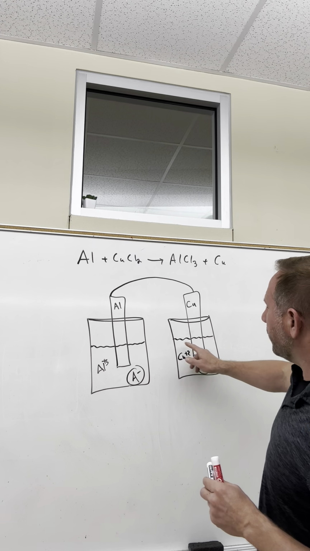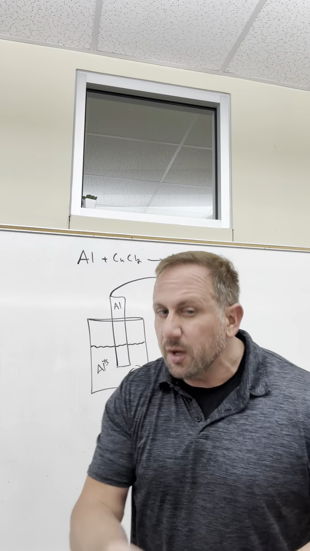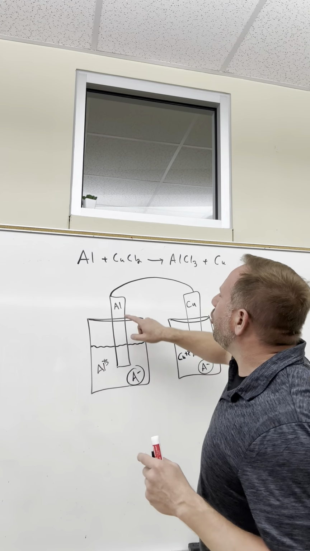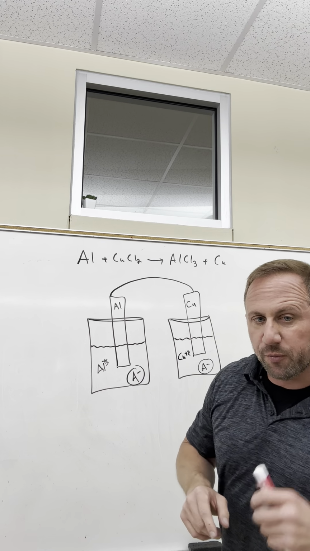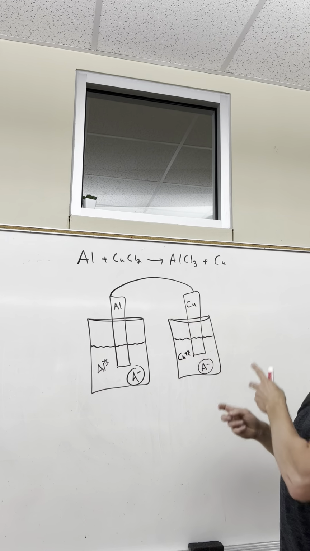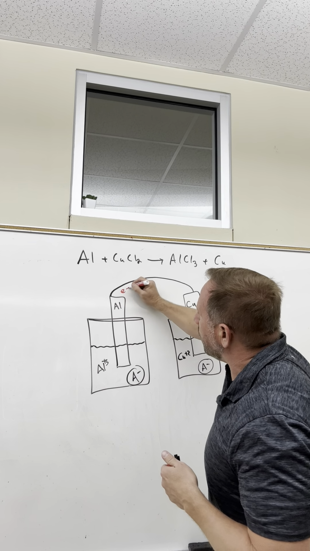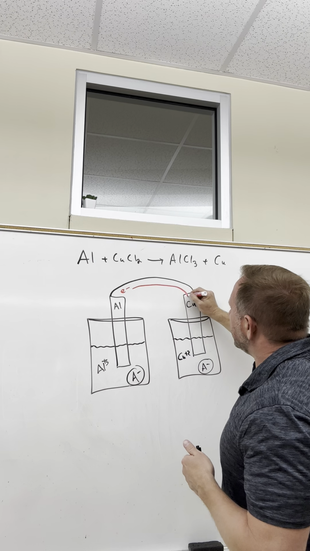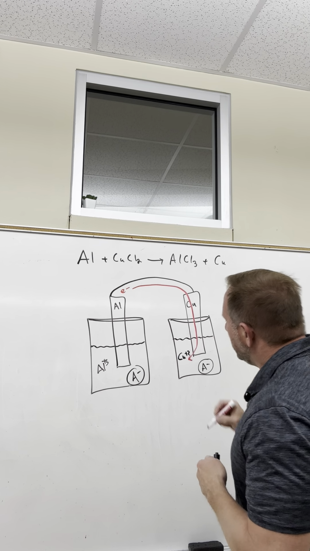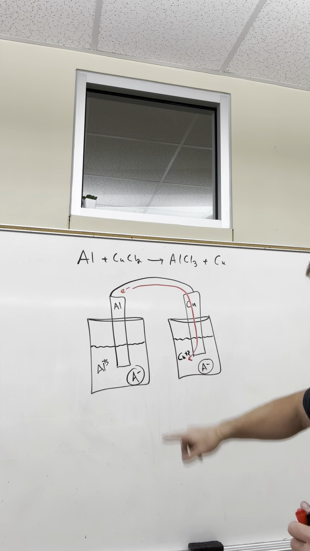The copper positive 2's reduction potential, its potential to get reduced, is going to pull on aluminum's electrons. It's going to pull on them, and those electrons are going to begin to flow down into the copper ion solution.